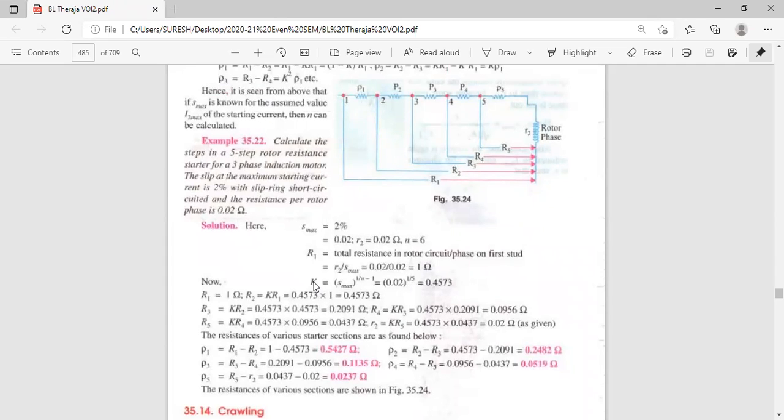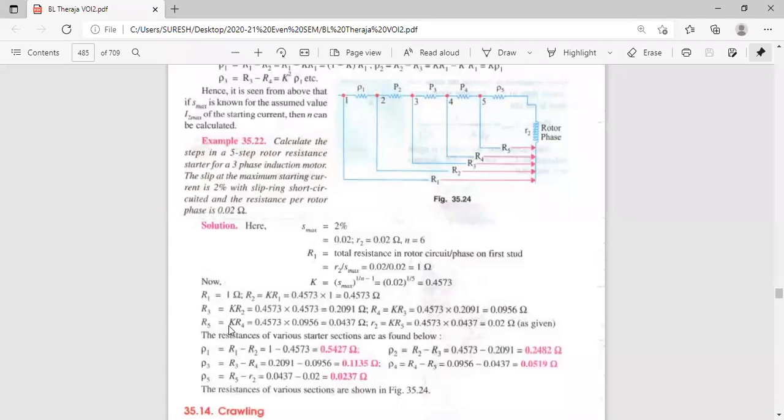We want only K and R1. If you know these two values, we can determine all the values. R1 is 1. R2 is equal to K into R1. R3 is K into R2. R4 is K into R3. R5 is K into R4.